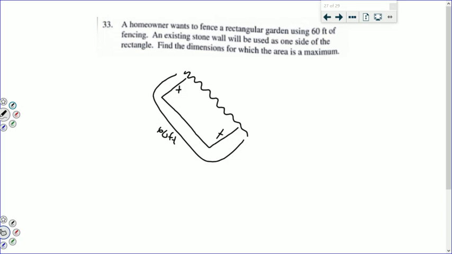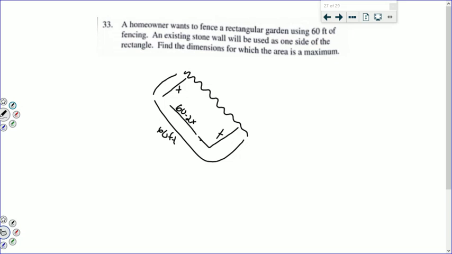And then this length right here, the front of the fence, is going to be 60 minus 2x, because we have the entire length of the fence minus these two bends back here. So it's 60 minus 2x.